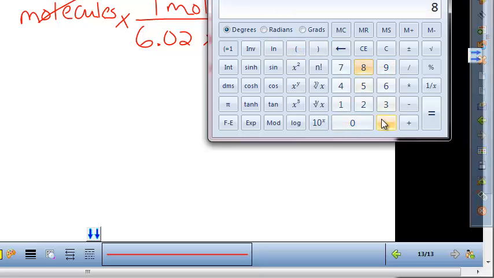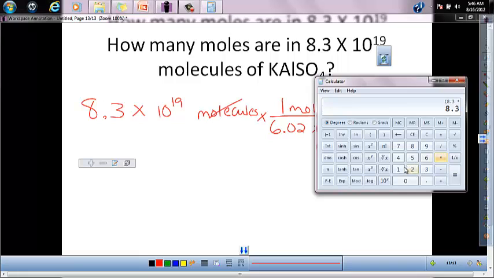So we got 8.3 times 10 to the 19th, and that's going to be divided by 6.02 times 10 to the 23rd. Now equals. So we got 1.378 times 10 to the negative fourth.